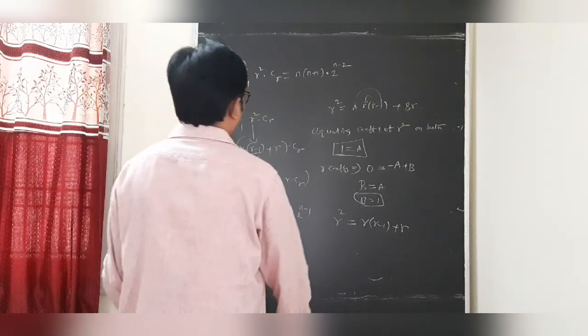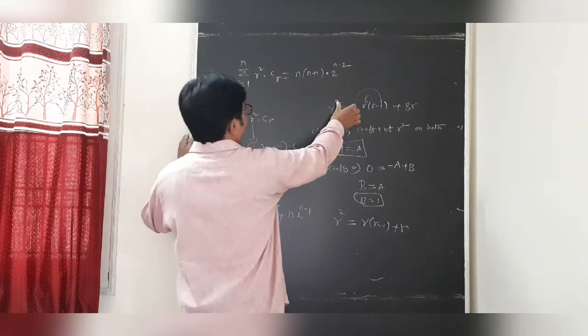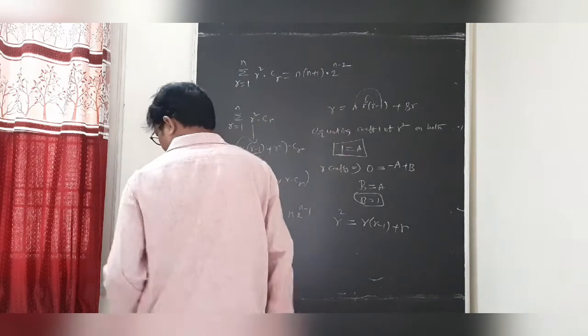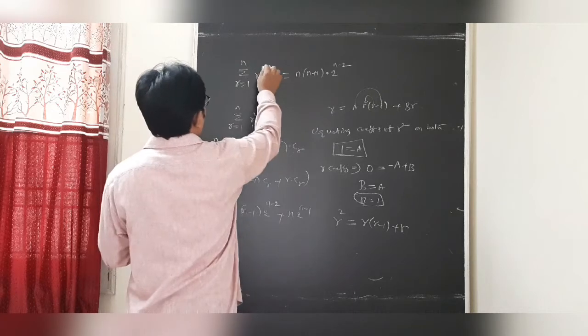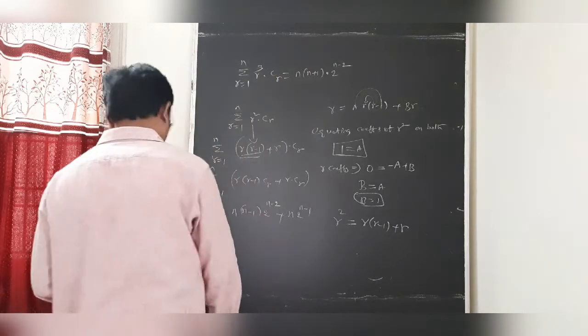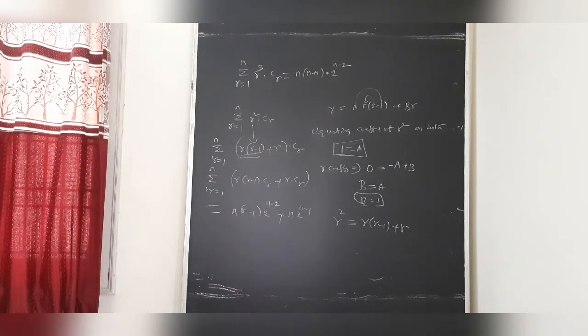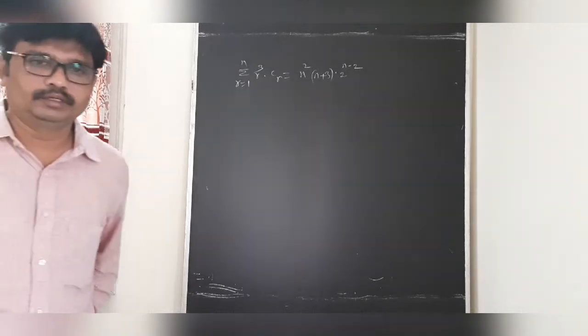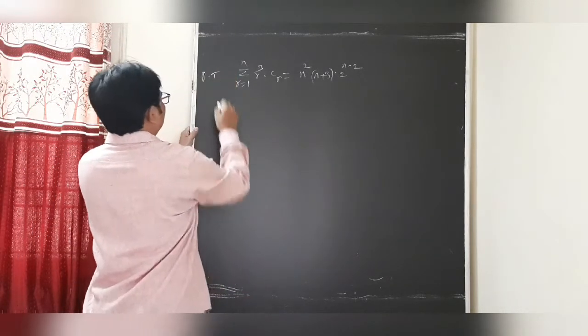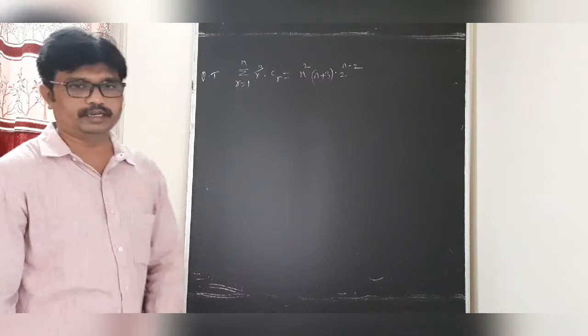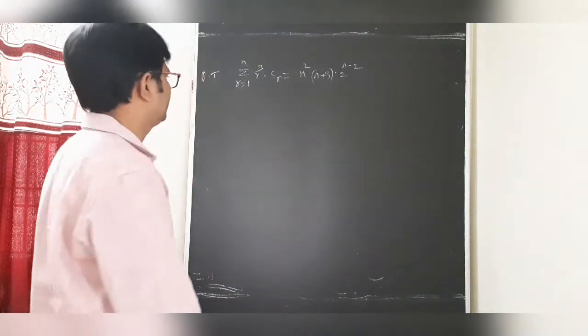Suppose, students, here r cube nCr is there. How can you prove that? r cube nCr. Now, students, sigma r equal to 1 to n of r cube into nCr.